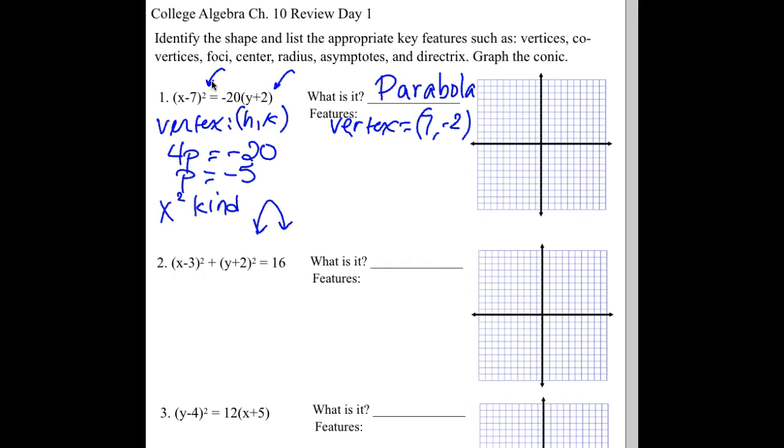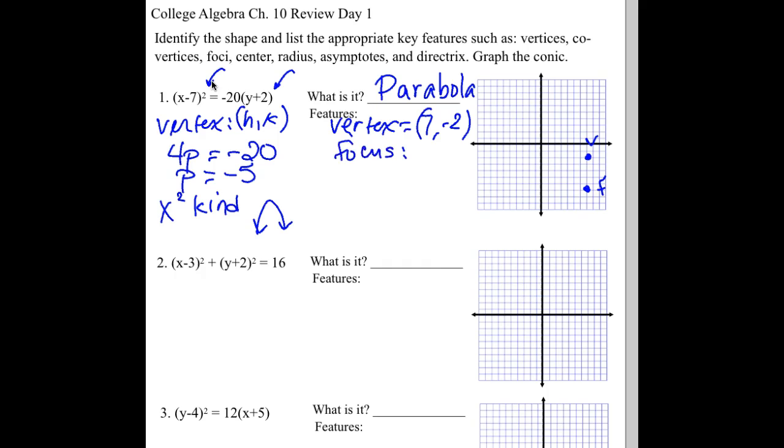All right, so going to our graph, we have a vertex at (7, negative 2). There's our vertex. We know it's going to open down from there, and we know that p is negative 5. So that means our focus is going to be 5 spaces below the vertex. There's our focus.